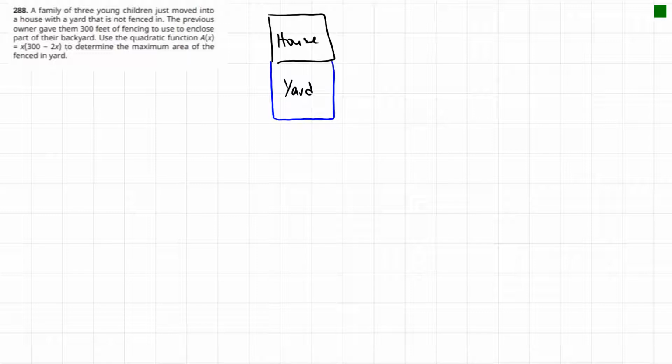So if you were going to enclose part of the backyard, it would presumably look something like this. Now you're making some assumptions, and the first assumption is that the yard is rectangular. And you are also assuming that the house is long enough to cover part of the entire one side.